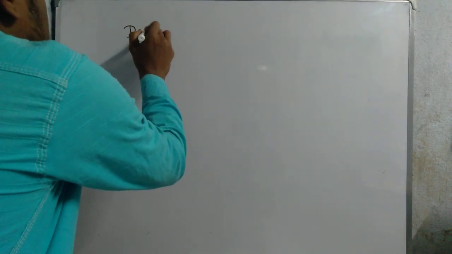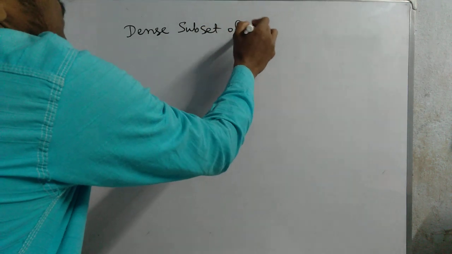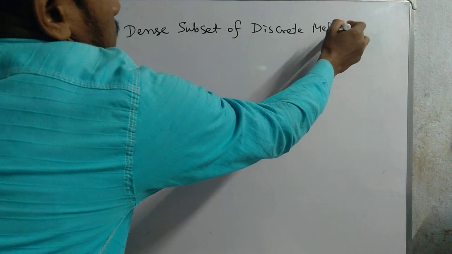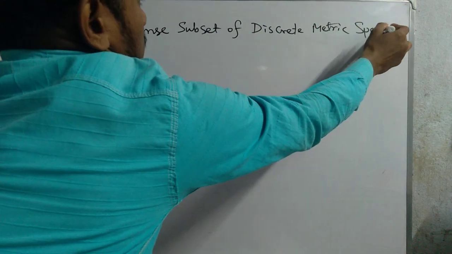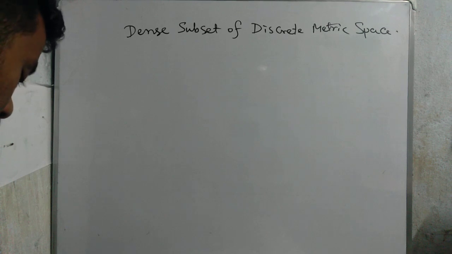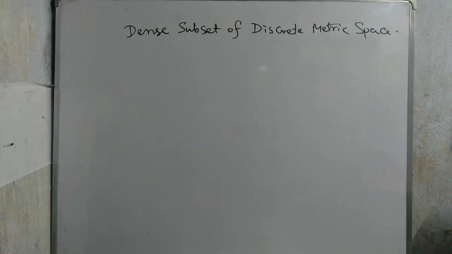Any subset of a discrete metric space is closed, hence the only dense subset is what? The whole space. So what we talk about in this way is the dense subset of a discrete metric space: any subset of a discrete metric space is closed.